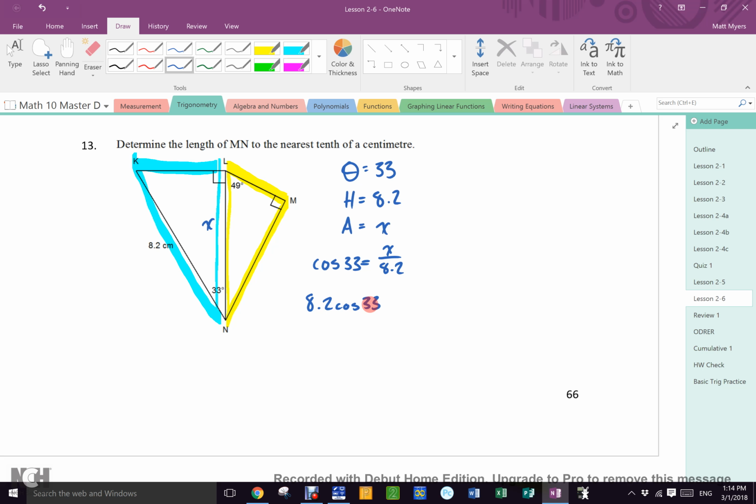We've talked about this. The 1, 2, 3, 4 scale, right? If you go ahead and punch this in now and round it off, are you at the 3 or the 4? 3. If you leave it as 8.2 cos 33 and use it later, where are you? The 4 scale. Does everybody understand? All right, so we know that x is that, correct?